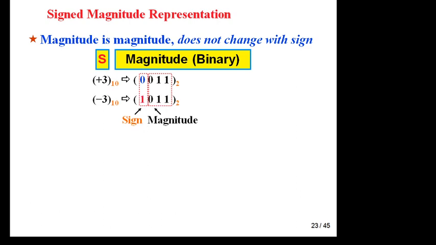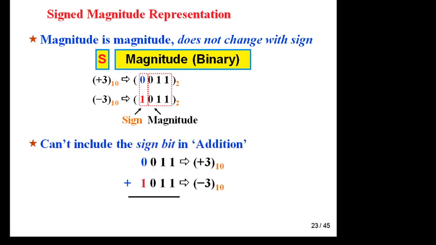Minus 3. What is minus 3? You know what you have to do: just write the sign bit as 1, because 1 represents a negative number. And the magnitude is 3, which is 0, 1, 1. Always remember, you cannot include the sign bit in addition.